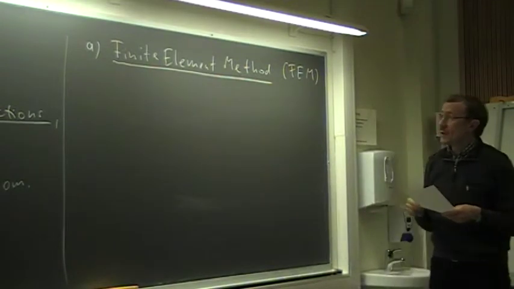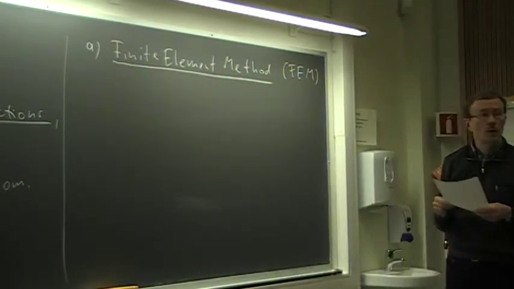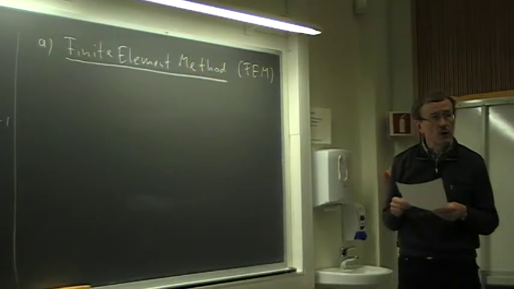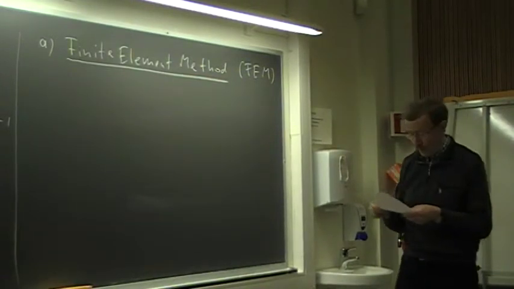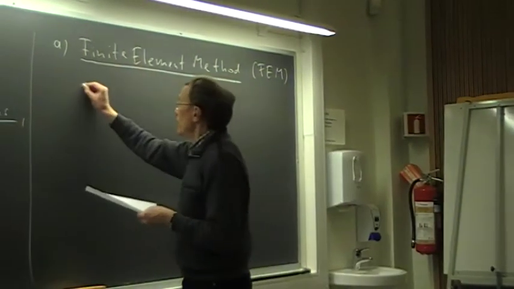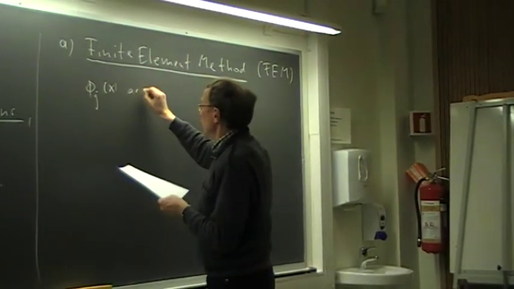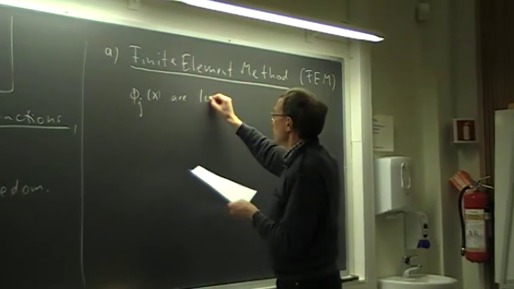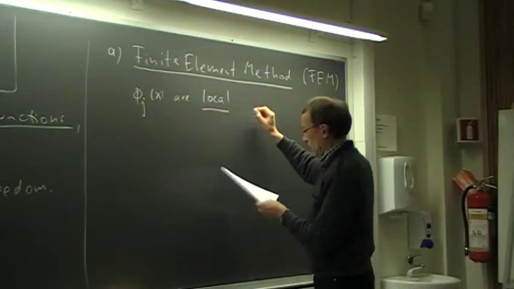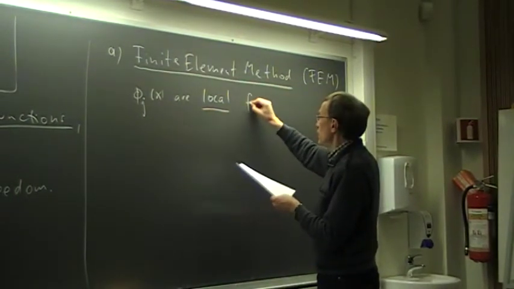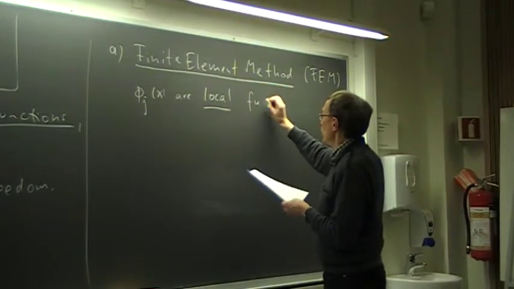I should say that has been used in CFD a lot for incompressible Navier-Stokes equations. And for the finite element method, the phi j of x are local basis functions, and they are usually polynomials.